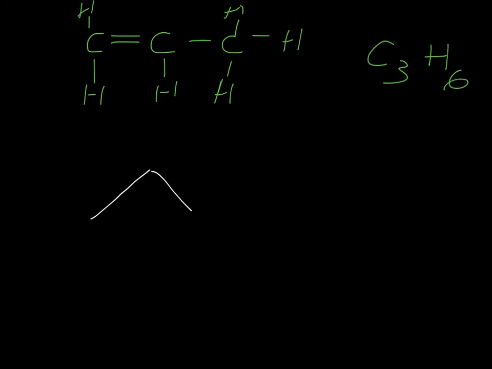How do we represent that we have a double bond? We represent a double bond in our line structures simply by drawing a second small line right on top there. And that's how we would represent a double bond. Alright, let's take a look at a compound, this time not with a double bond, but with a triple bond.